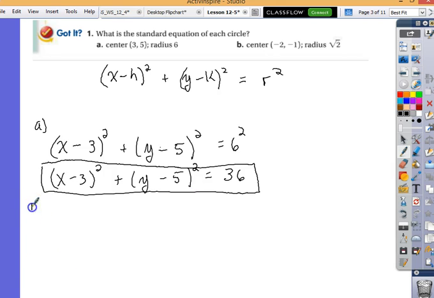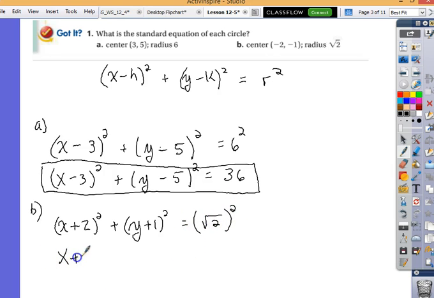In part B, we've got the center is negative 2, negative 1. So when I write x minus a negative 2, I'm going to write it as x plus 2. When I write y minus a negative 1, I'm going to write it as y plus 1. And then square root of 2 was the radius. What happens when you square a square root?